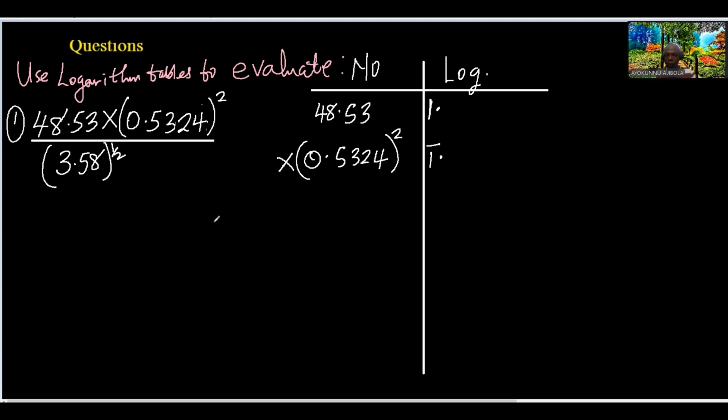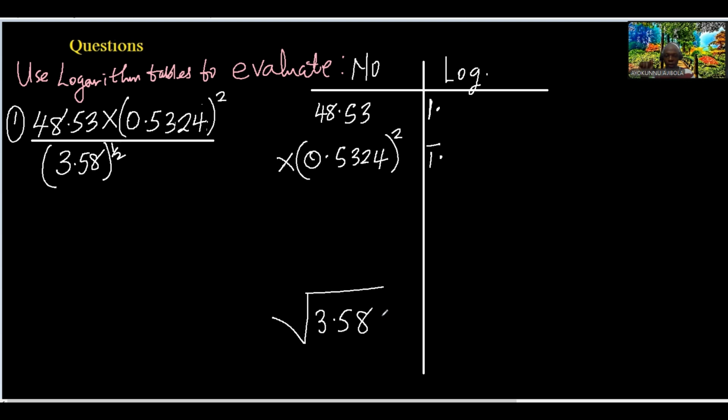And the one at the bottom, instead of saying raised to power half, we can change it to square root according to indices. So we can write it as square root of 3.58, raised to power 1, which we don't need to put.